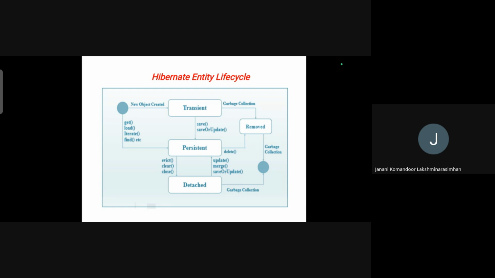Various methods are used for swapping between the persistent and detached states. The evict and clear methods are used for moving the object from the persistent state to the detached state. Similarly, for moving the object from the detached state to the persistent state, the update and merge methods are used.